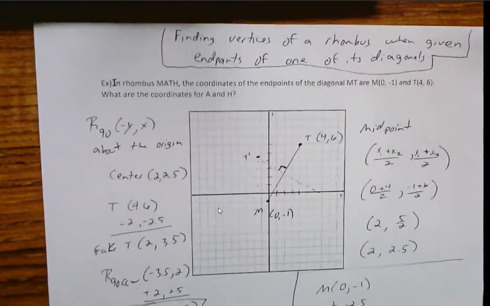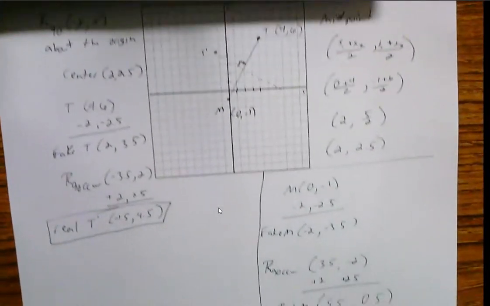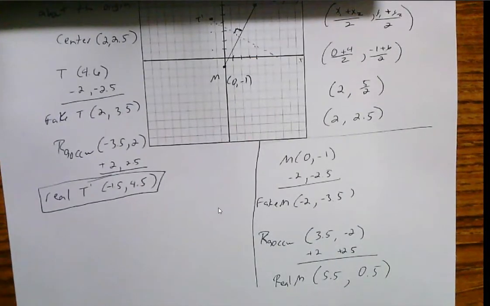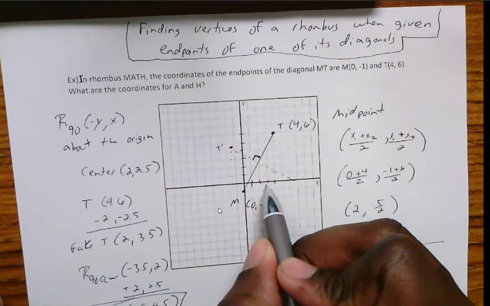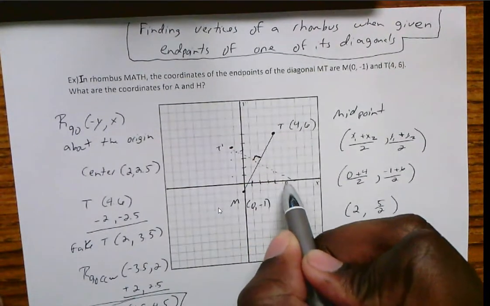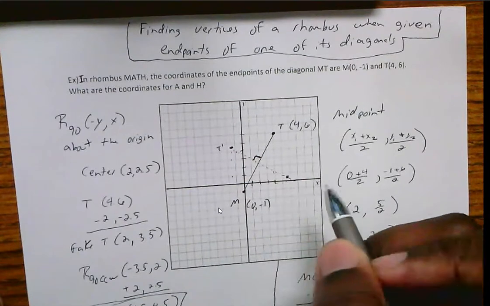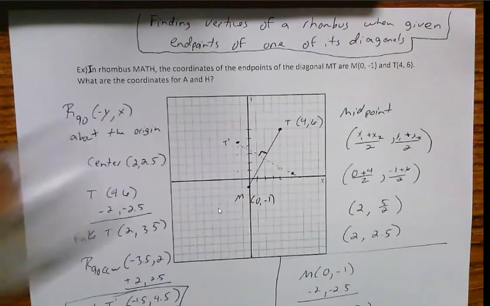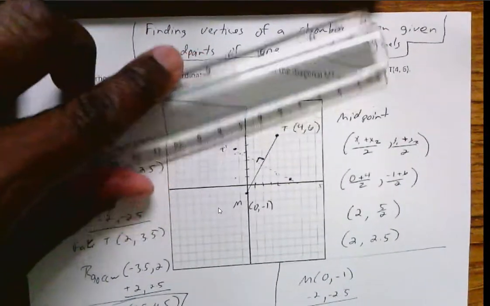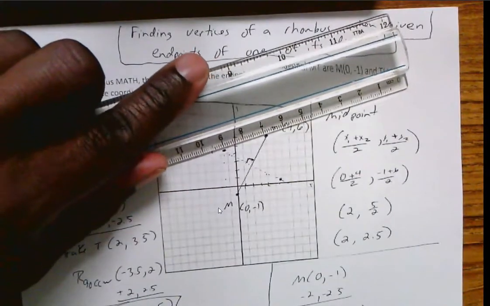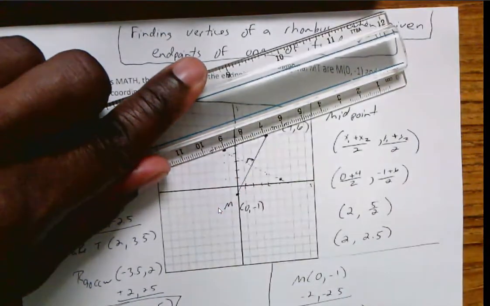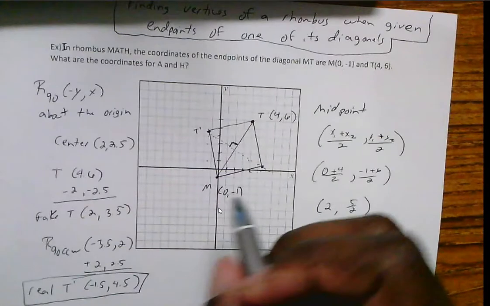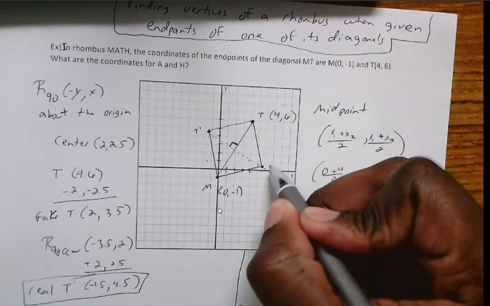All right, so if I graph that point, which is +5.5, 0.5, both are positive, so I should go over 1, 2, 3, 4, 5.5, and up about a half. So it's really on the line I kind of eyeballed anyway. So if I connect the dots, this would be the shape of the parallelogram. And this would be the point M prime.